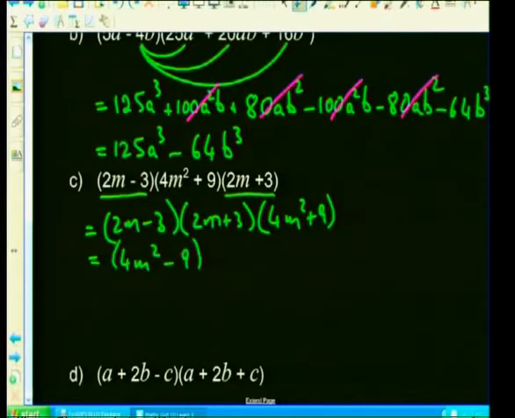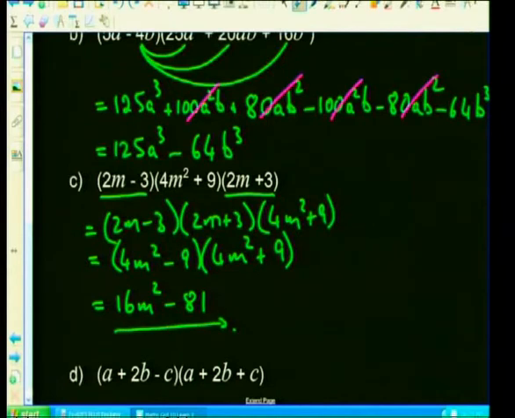And my middle term, my m, is 0. So this makes it a lot simpler than having to multiply out two brackets, then the other one into it. And have a look at this. What have we got? We've got another difference of two squares. So I have 16m squared minus 81. And there's my final answer.